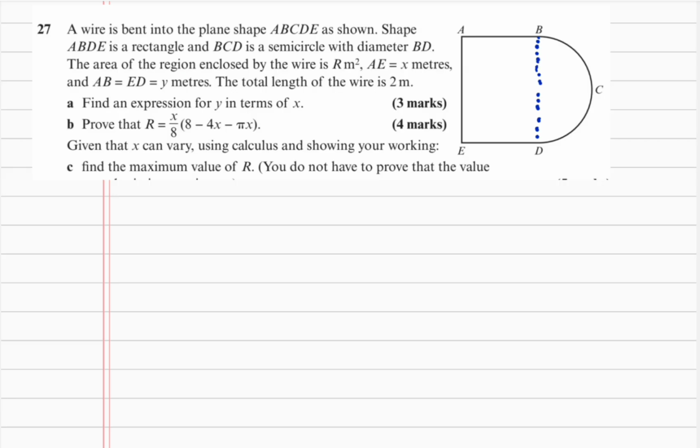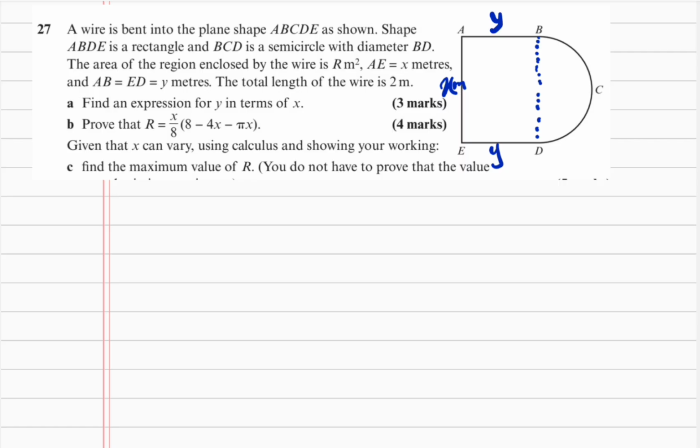So the area of the region enclosed by the wire is r meters squared, and the length of AE is x meters. So AE is here, so it's x meters. And AB is equal to ED, which is the width, and that is equal to y meters.